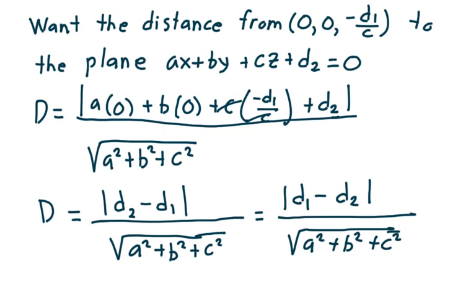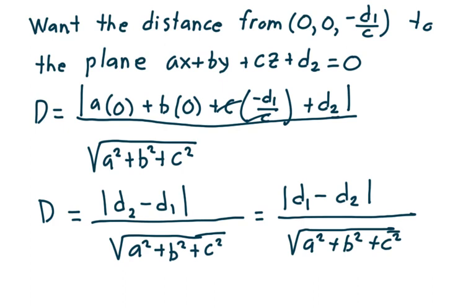So capital D is A times X sub 1, which is 0, plus B times Y sub 1, which is 0, plus C times negative D sub 1 over C, that's Z sub 1, right? Plus D sub 2, all divided by the square root of A squared plus B squared plus C squared.